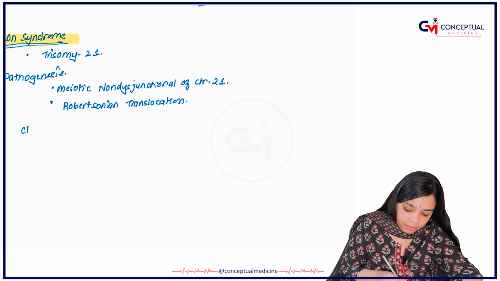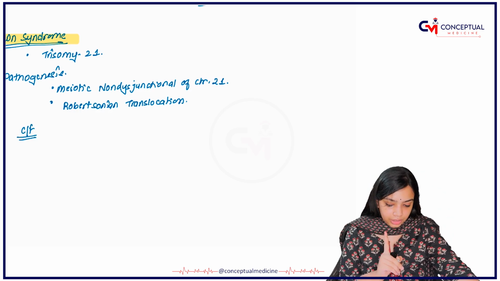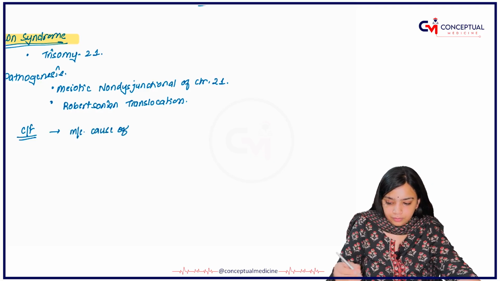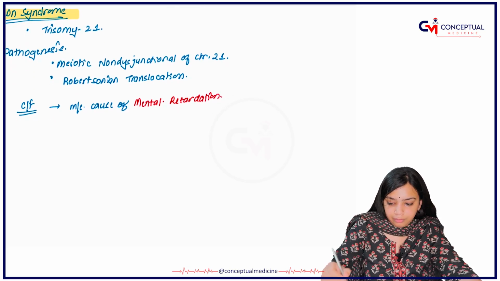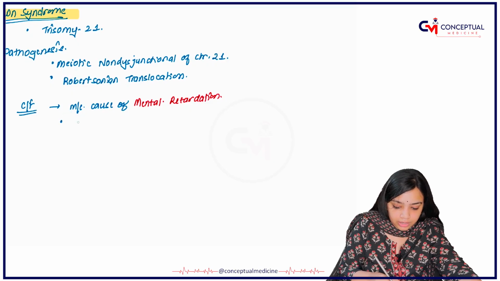Okay, if I talk about the clinical features, the first thing that you need to remember is that it is the most common cause of mental retardation. Next thing that you have, you are able to see the mongoloid faces.